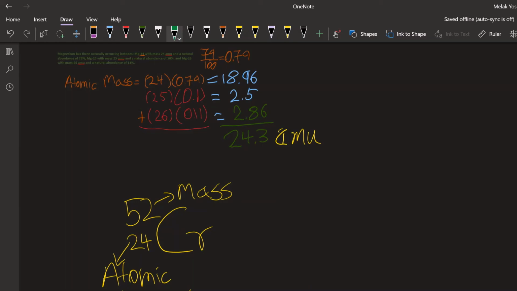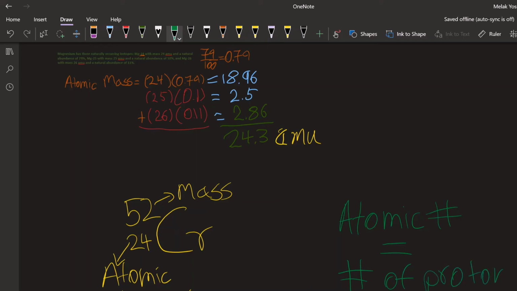The best way to do this: 52 is the mass, right? And 24, just from that, is the atomic number. As we already discussed, the atomic number is equal to the number of protons.